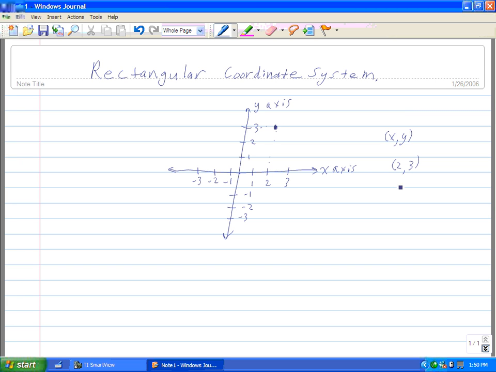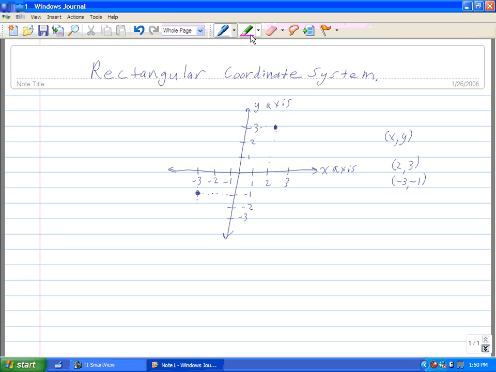So then, for another example, if I wanted to graph the point (-3, -1), that would mean I would come back to -3 on the x-axis and come out from -1 on the y-axis and plot the point where they intersect.